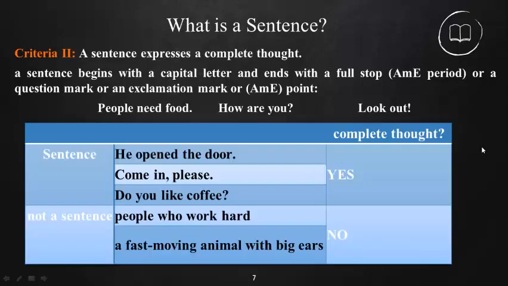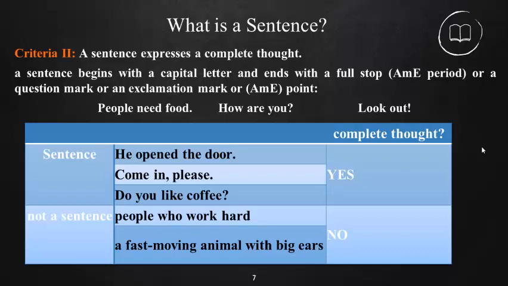Now let's see these examples and see whether they express a complete thought or not. The sentence, he opened the door. Does it express a complete thought? Yes, of course. Come in, please. Does it express a complete thought? What is the subject? It is obvious, you.